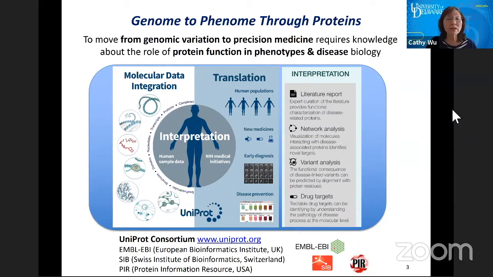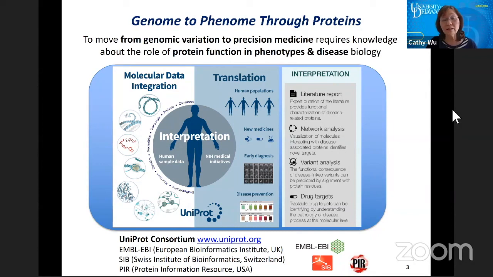In putting together the resource, our goal is to connect with the vast knowledge available from the scientific literature, different databases and other knowledge sources, to help support interpretation from genomes to phenomes.